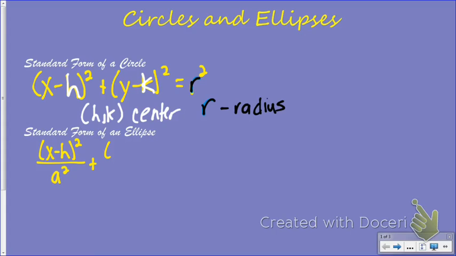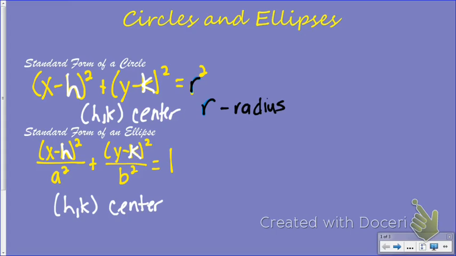And then I have (y minus k) squared divided by b squared. And that is always equal to 1. So you have to be careful on those equations that they always are equal to 1. And now on this equation, just like the very first one, h and k is still my center.